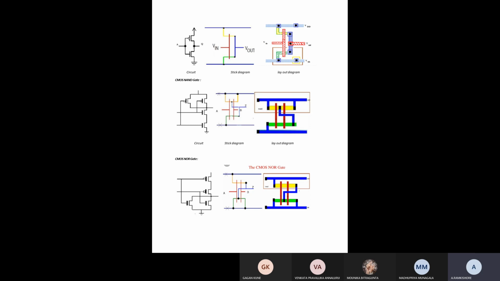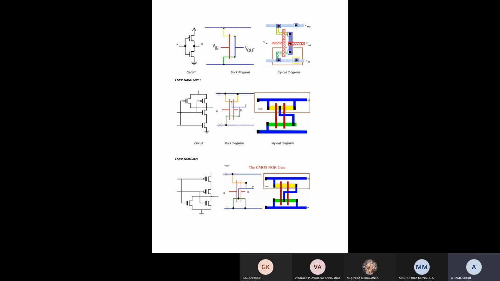I don't want to repeat that explanation again and again. So for the CMOS NOR gate, we consider two PMOS transistors in series and two NMOS transistors in parallel.